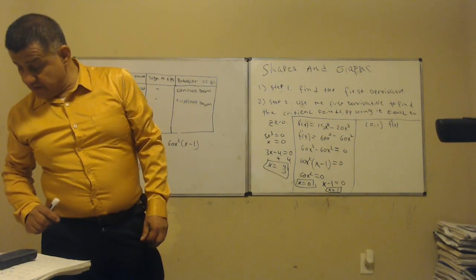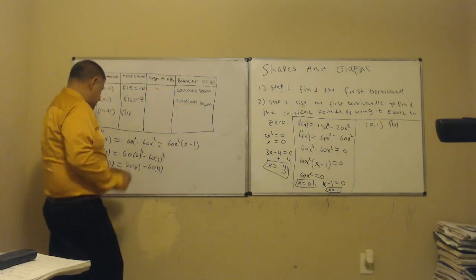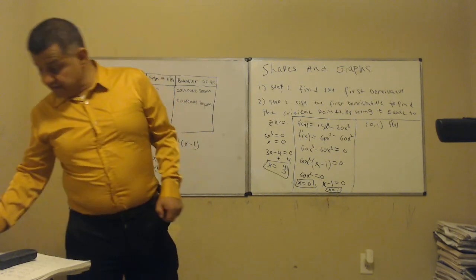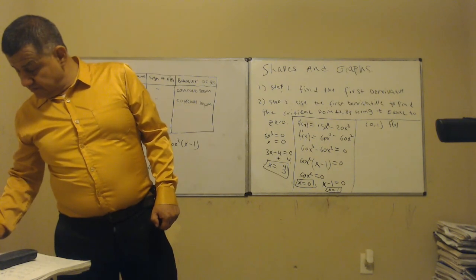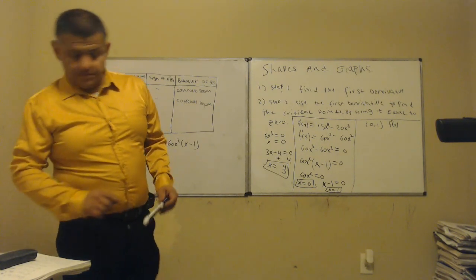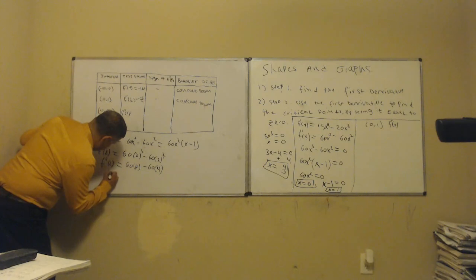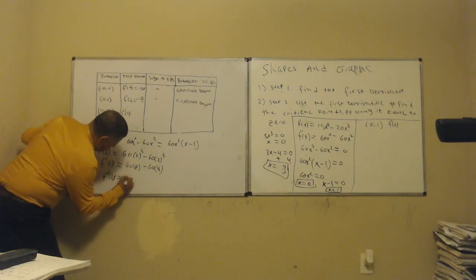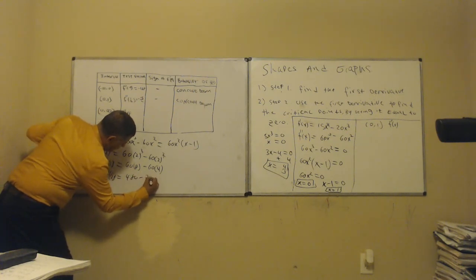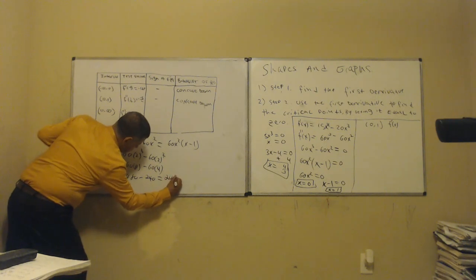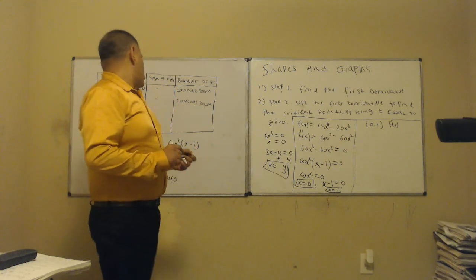So in this case, 8 times 60, and at 2 it is equal to 480 minus 240, which is 240.